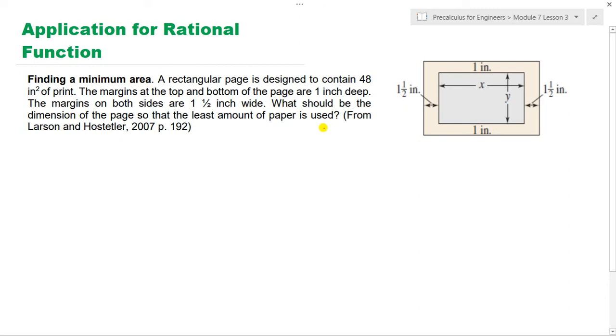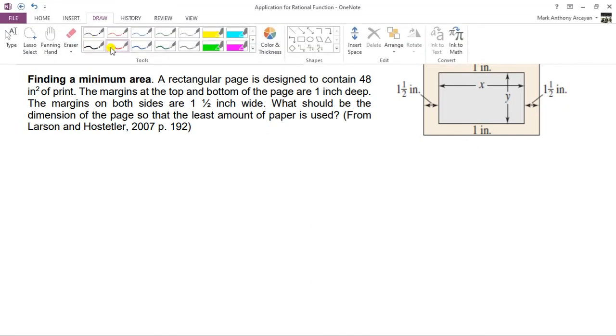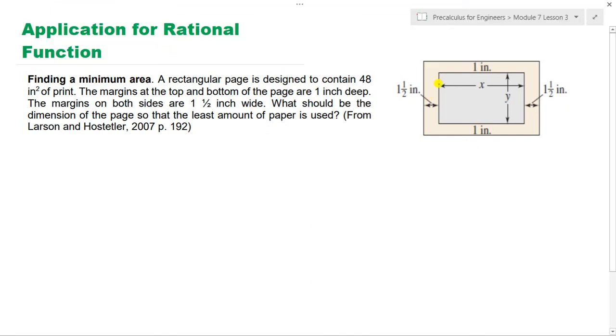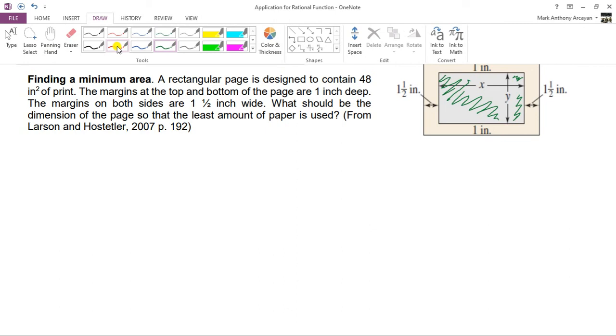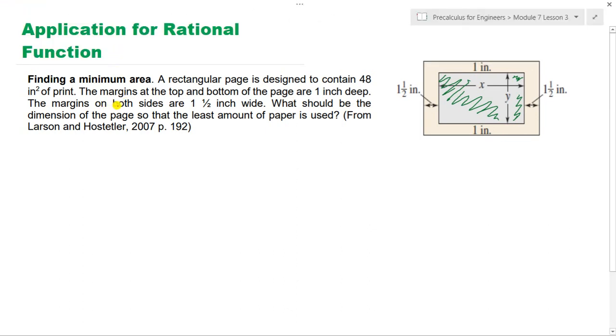So finding the minimum area. So here we have a rectangular page designed to contain 48 square inch of print. So sa figure makita nato ang area. Kanina nakasulat ang printable area should be 48 square inch. Then the margins at the top and the bottom of the page are 1 inch deep.